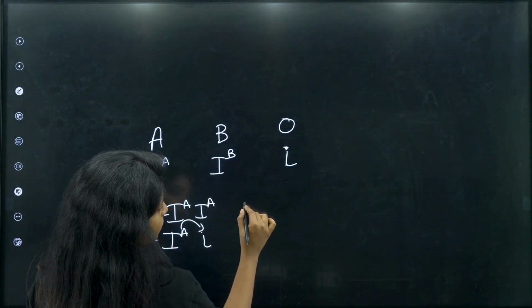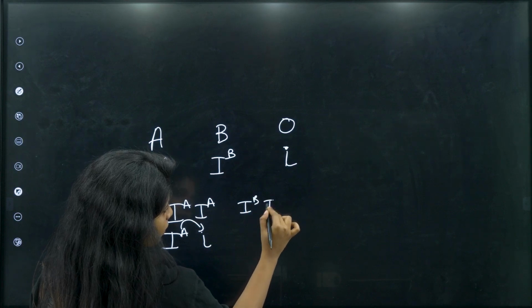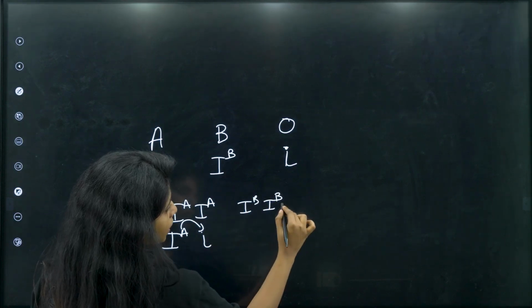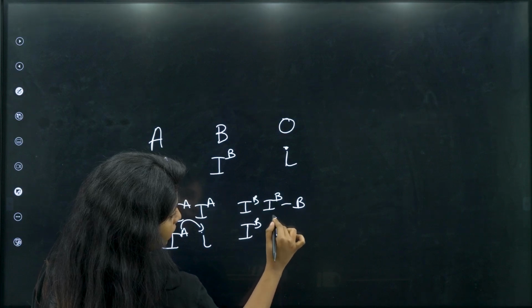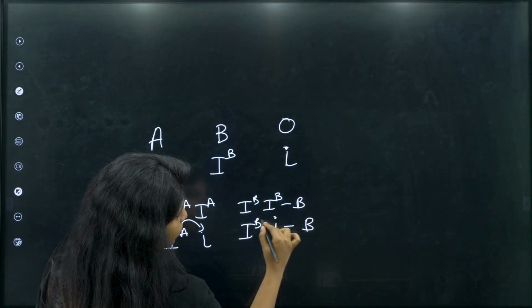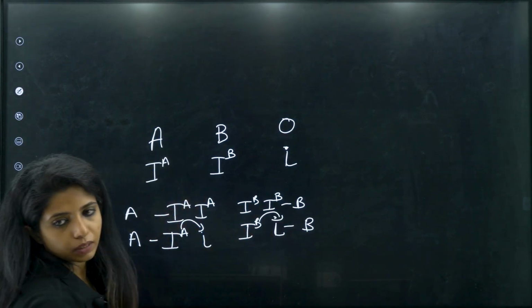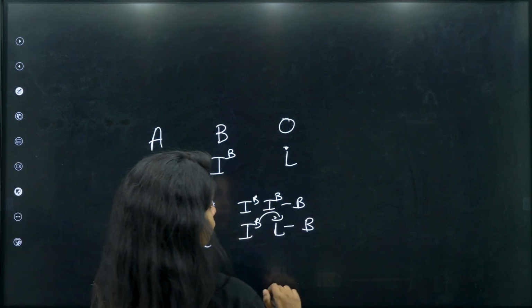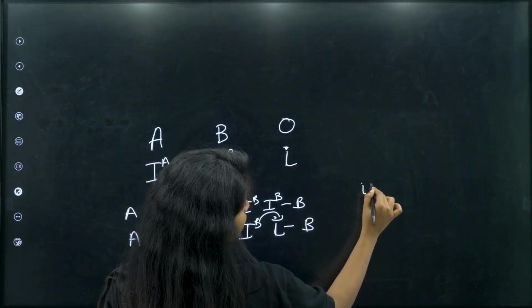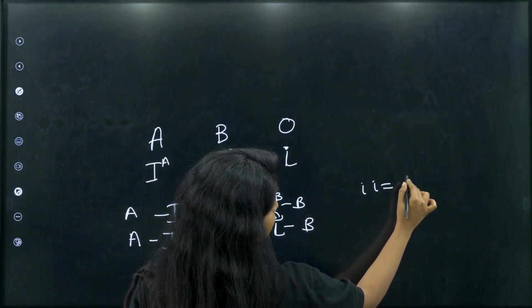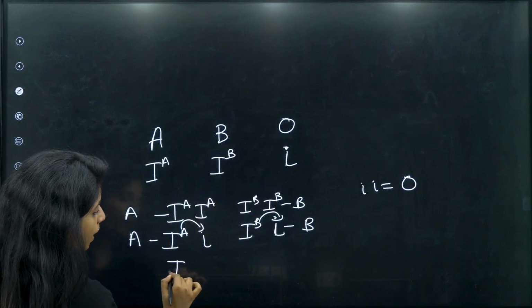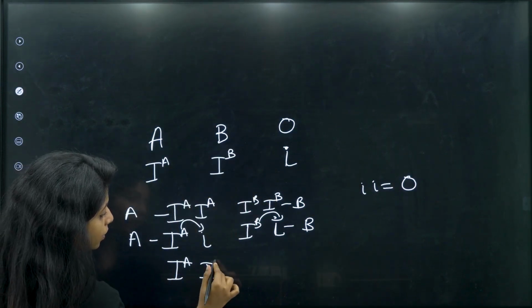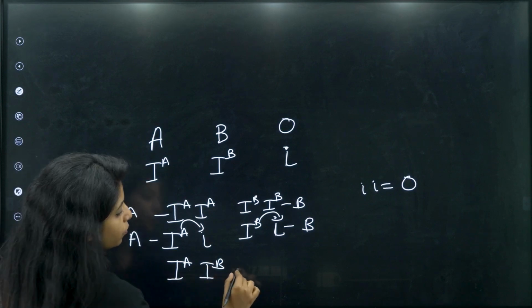Similarly for B, if it is IB from one parent and IB from the other parent, then it will be B. If from one parent it's IB and from the other parent it is i, then it will be B, because B is dominant over O again. So until now it was all fine. Similarly, if there are 2 copies of i, it's a recessive trait, so that's when O comes. But when from one parent you get A and from the other parent you get B, the blood group was AB.